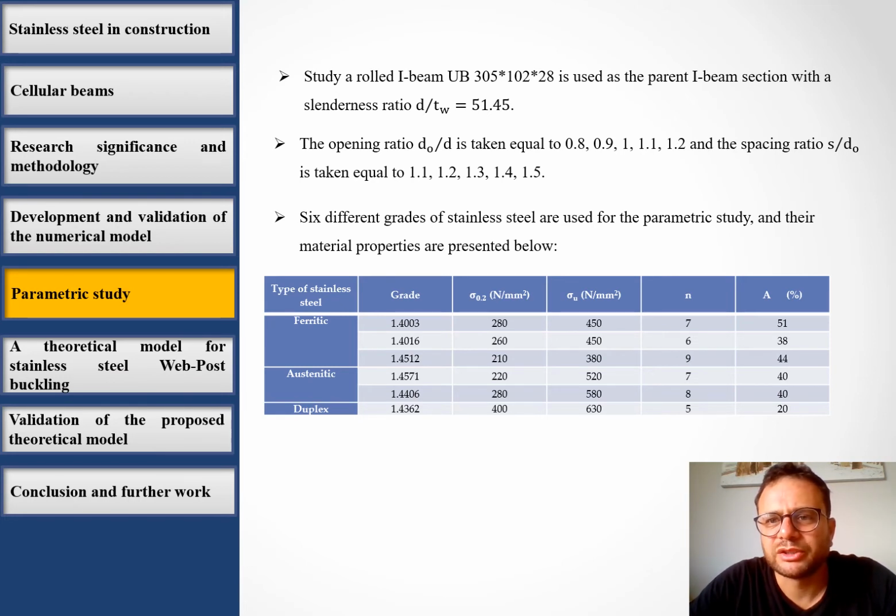The spacing ratio is S over D0, where S is the spacing between the circles and D0 is the opening, between 1.1 and 1.5. Different types of stainless steel were considered, different grades: ferritic, austenitic, and duplex. The mechanical properties can be seen in the table here.